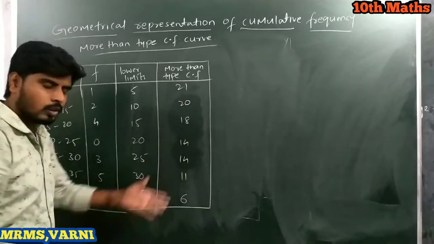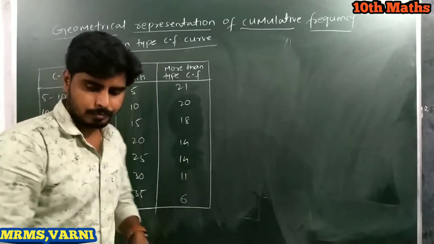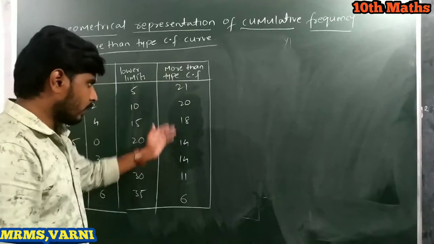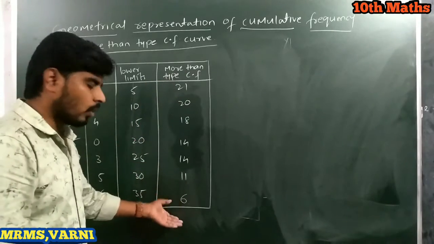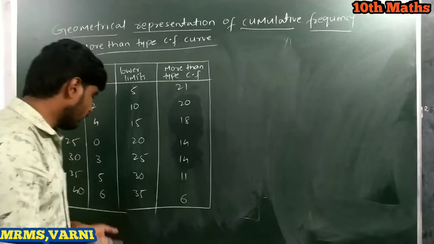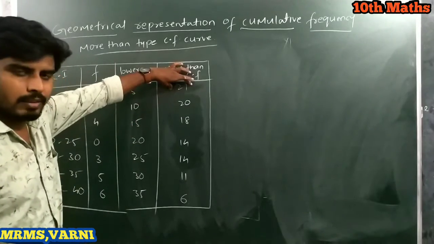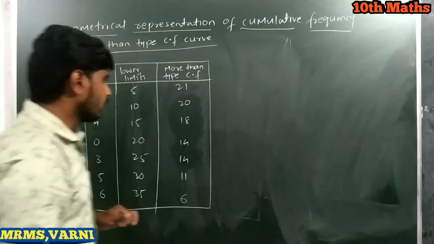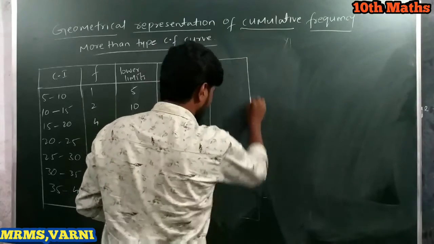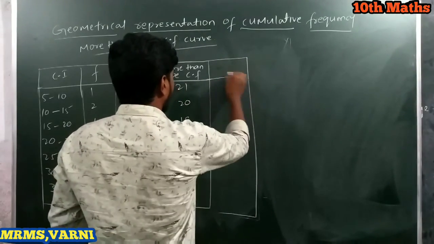We can take from downwards or else upwards also. But we have to remember, if we take from upwards, we have to subtract. If we take from downwards, we have to add the preceding frequencies one by one. First of all, we have to write the sum of the frequencies total. Now take the graph here, or we can make one more column here. So points.